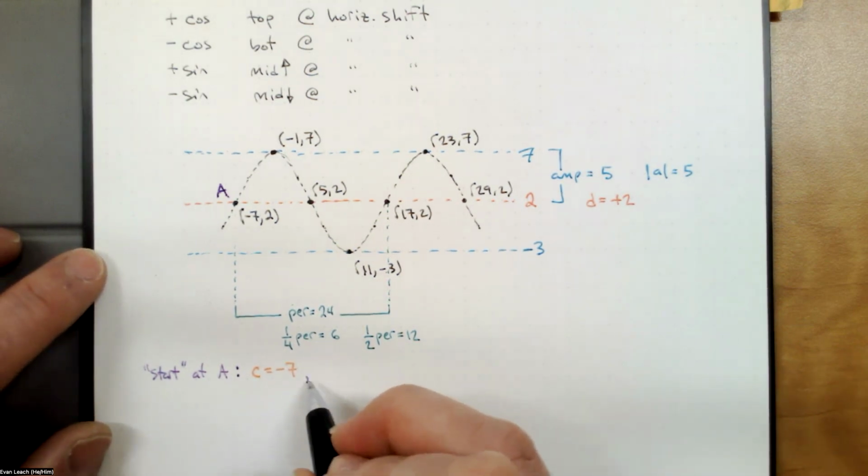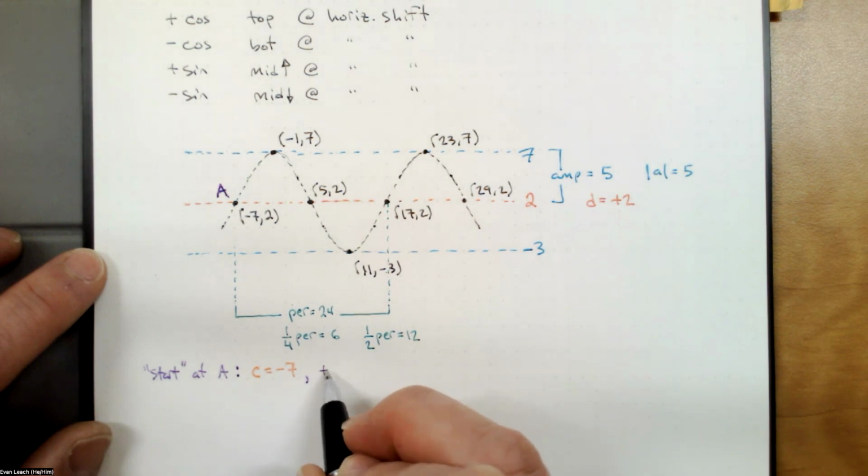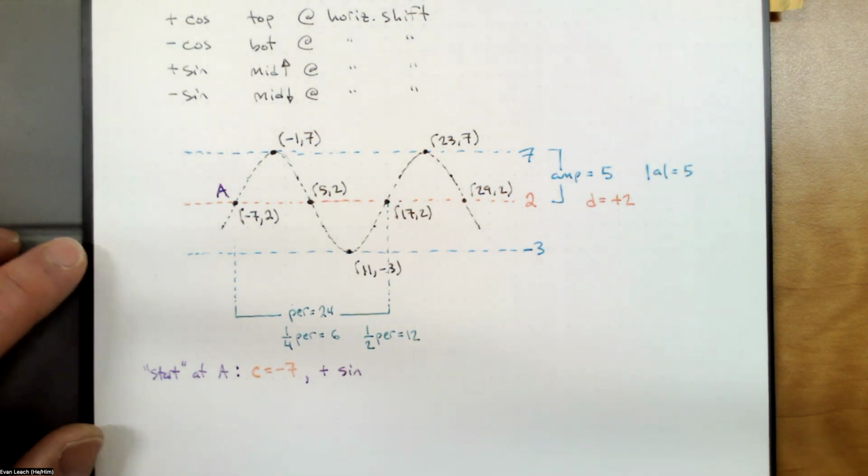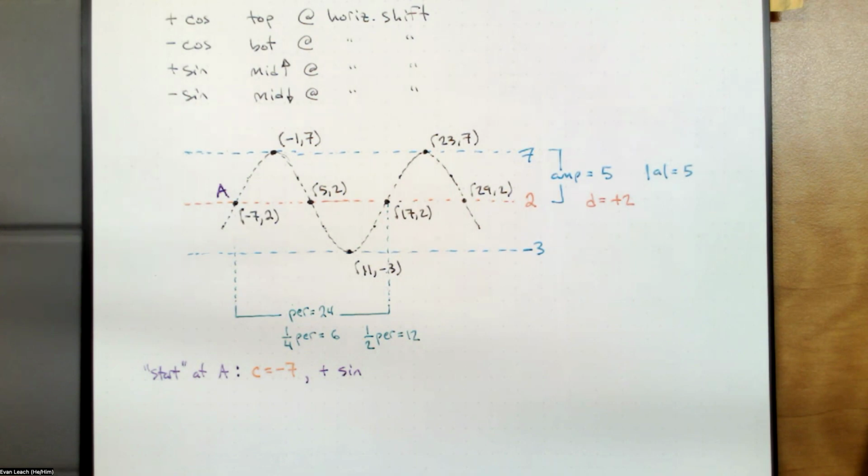And the other thing, since it's at the mid going up, we're going to use positive sine. So that start determines your horizontal shift and which function, and whether it's positive or negative, sine or cosine.